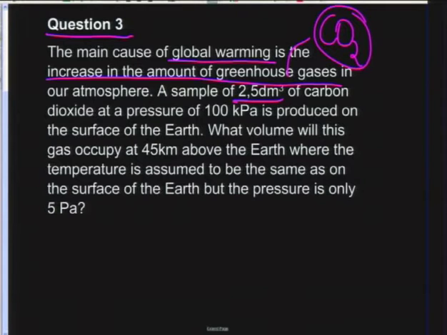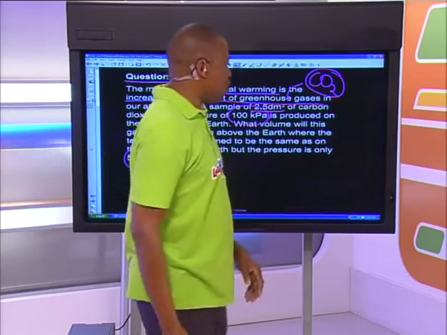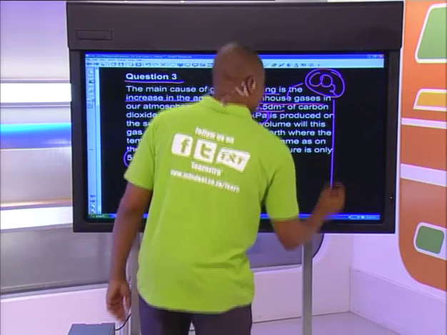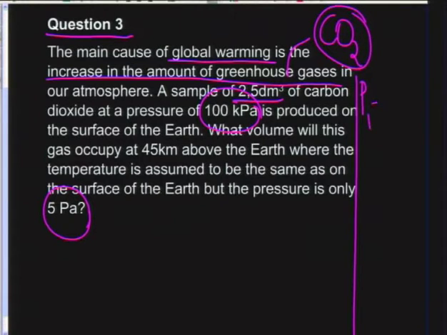Now you see in this situation you've got pascals, you've got kilopascals. You can't have kilopascals on one side and pascals on the other. You have to work in one specific unit. Now let's just write down what is given to us. P1 is 100 kilopascals, okay? And V1 is 2.5 cubic decimeters, all right?